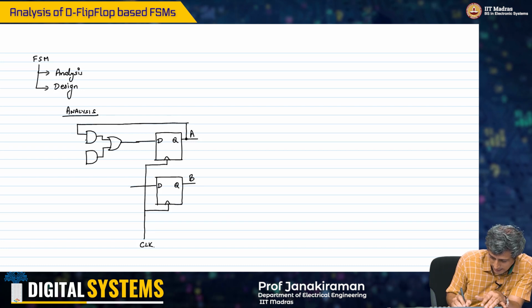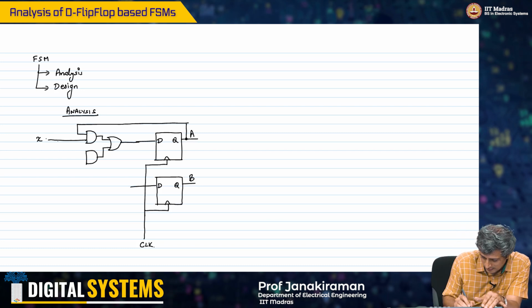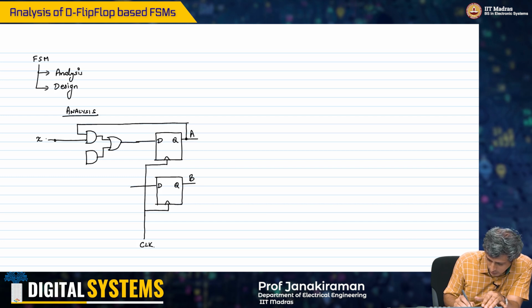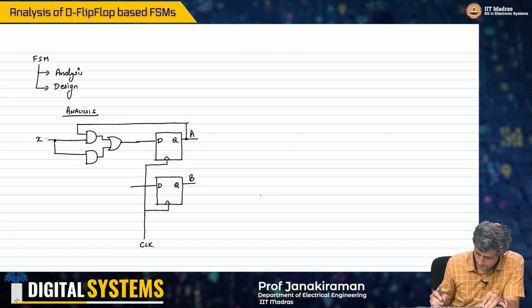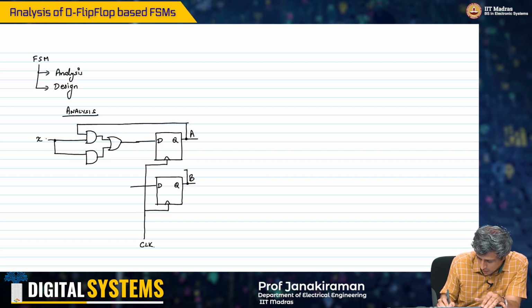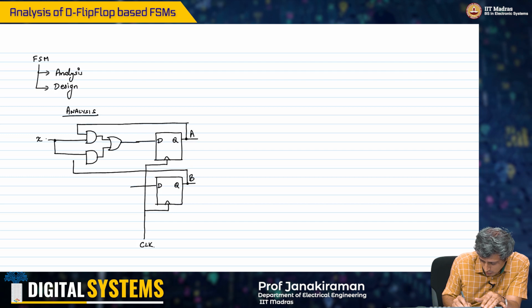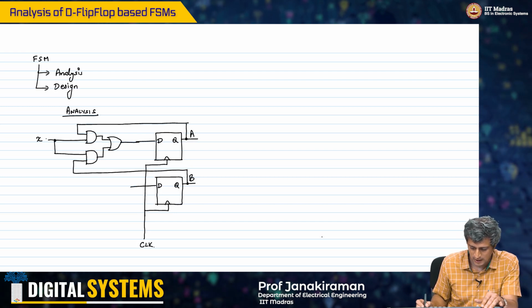Okay, and the second input here is coming as an external input X, right? And I'm giving the same input here to the next, right? And next what I'll do, I'm going to take this B, I'm going to feed this back here, right?